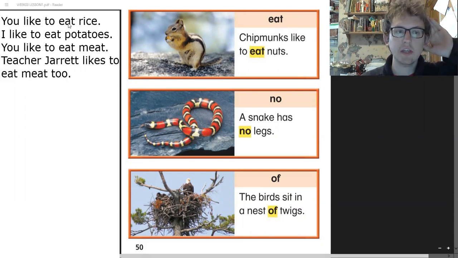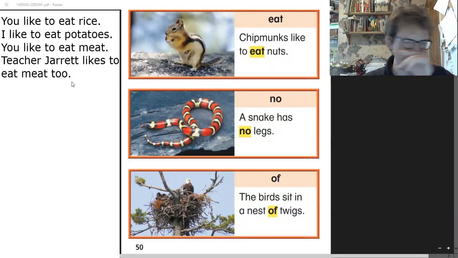You like to eat rice. I like to eat potatoes. You like to eat meat. Teacher Jarrett likes to eat meat too. Okay, very good. Now let's go to our next word.